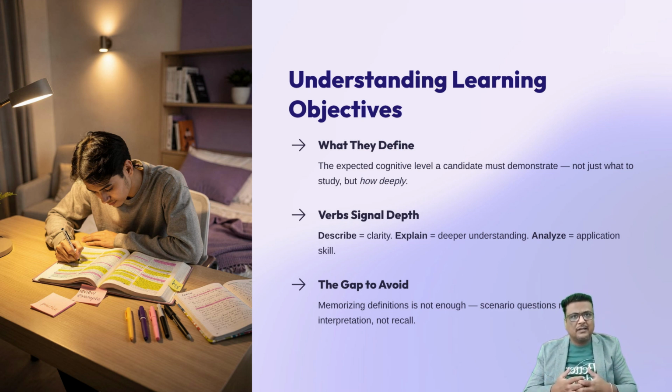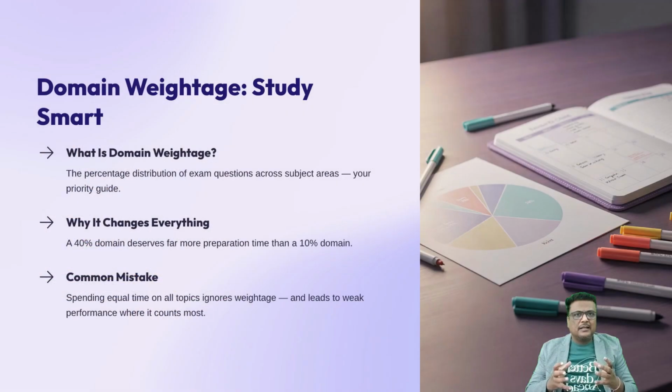So now that we understand learning objectives, you might be wondering how the syllabus is structured overall. And that brings us into domain weightage. Domain weightage, in formal exam design terms, refers to the percentage distribution of questions across subject areas. In simple English, it tells you where to spend more study time. Let's break this down together.